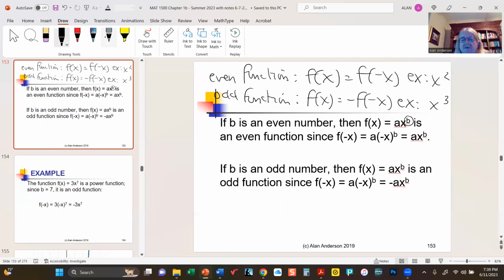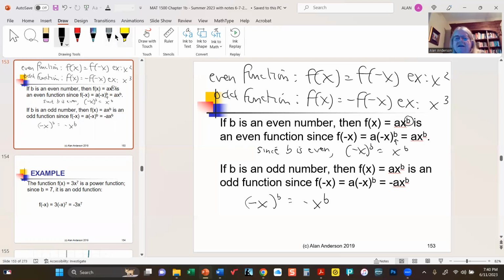So what they're telling us is that if this exponent is even, then the entire function must be even, because f of negative x would be a negative x to the b, but because we know that b is even, these will be the same thing. In other words, we'll just get rid of the sign. Down here, if b is odd, then this is an odd function, because negative x to the b power will be negative. If x is positive, for example, negative x to the b power will be negative x to the b.